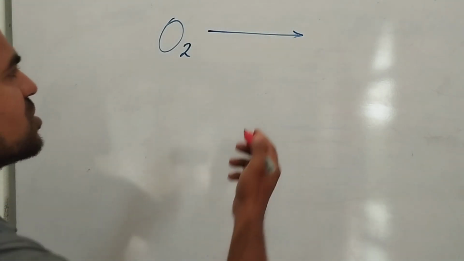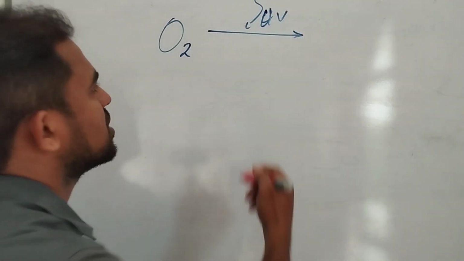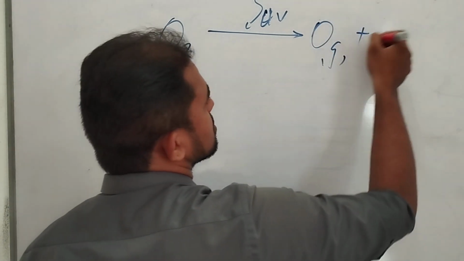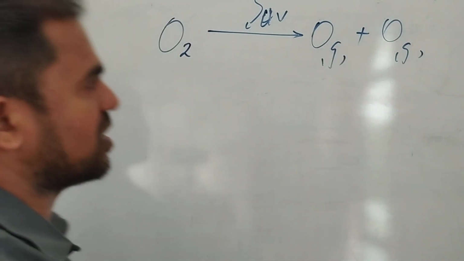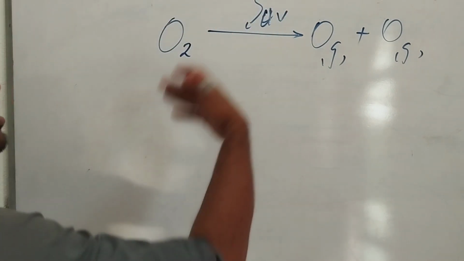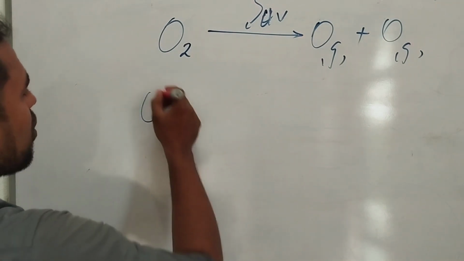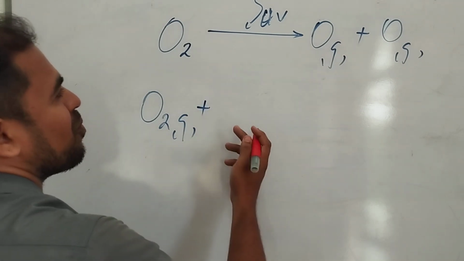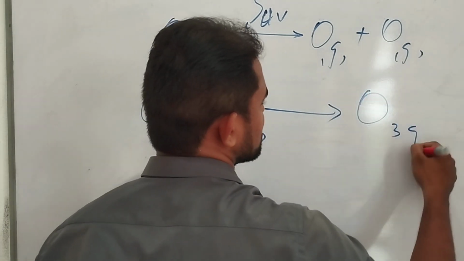When the O2 gas absorbs UV rays, it dissociates into two oxygen atoms, O, which is an element. Then oxygen gas O2 may react with O and form O3, which is ozone.